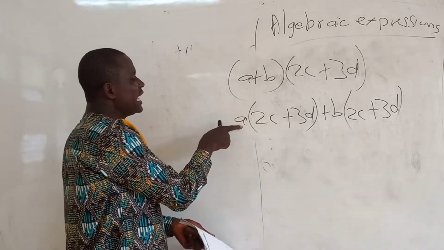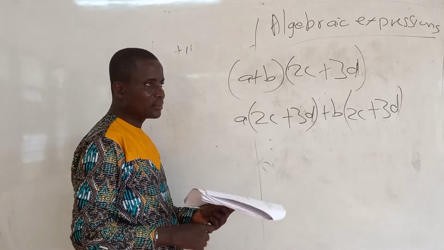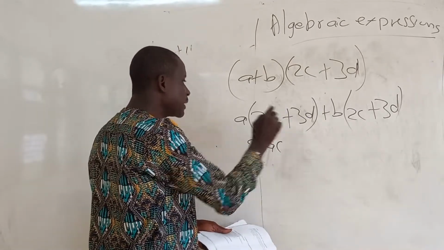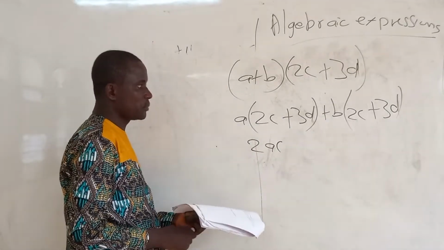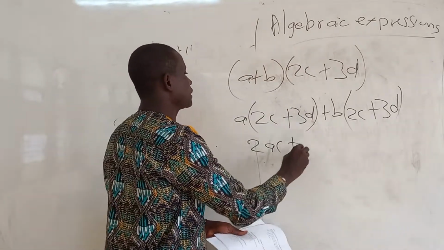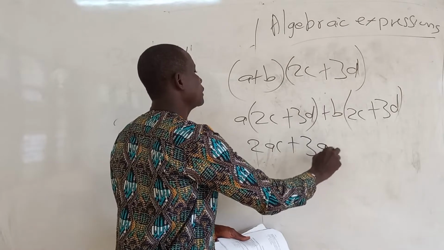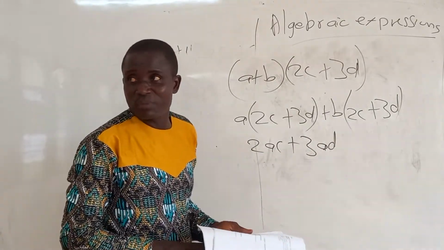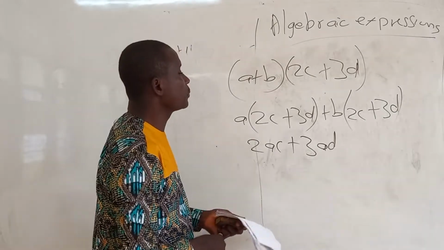Now here, a times 2c. The number here is 2, then I bring the a, I bring the c. Here becomes plus 3ad. That's a times d. If you see ad, it means a times d.